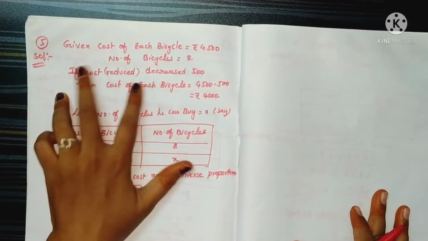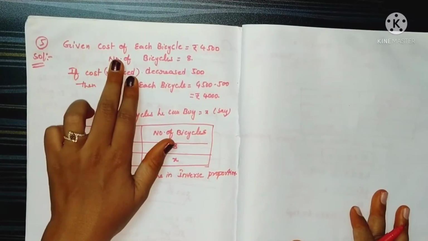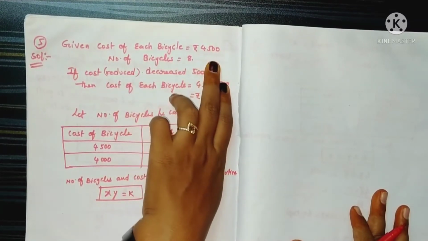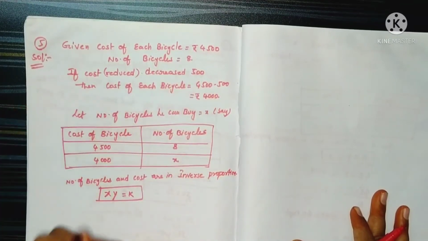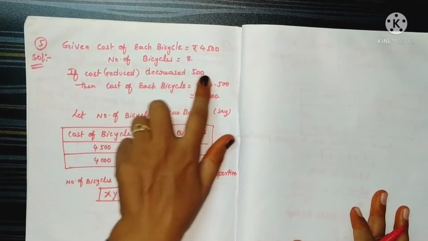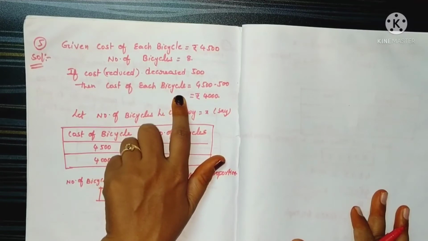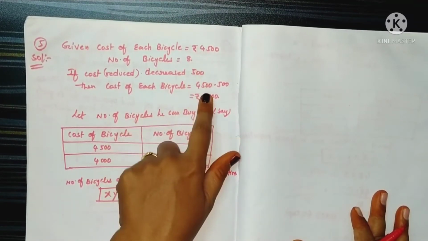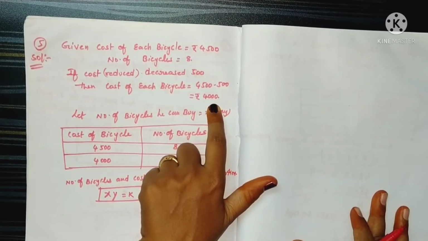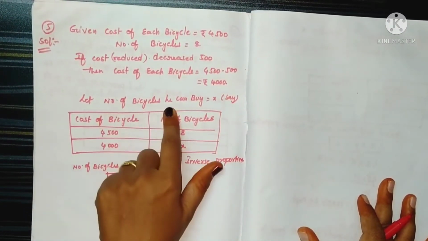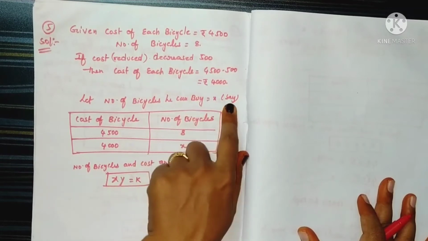Next, see here, just write the steps. Given cost of each bicycle, this first one, number of bicycles 8. If cost is reduced, that means decreased by 500, then cost of each bicycle, first 4,500, 500 decreased means minus 500, is equals to 4,000. Okay, so let the number of bicycles he can buy now be x.